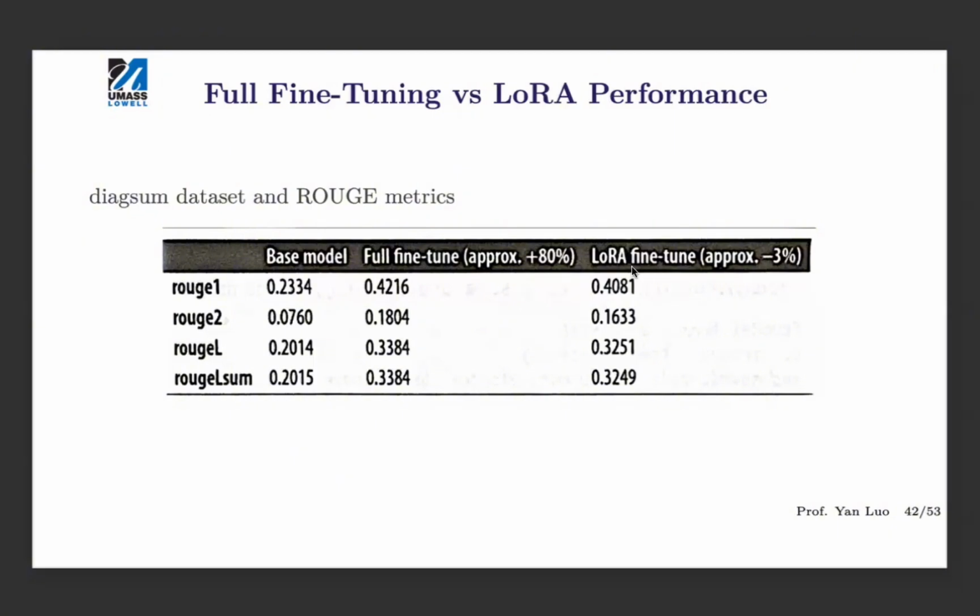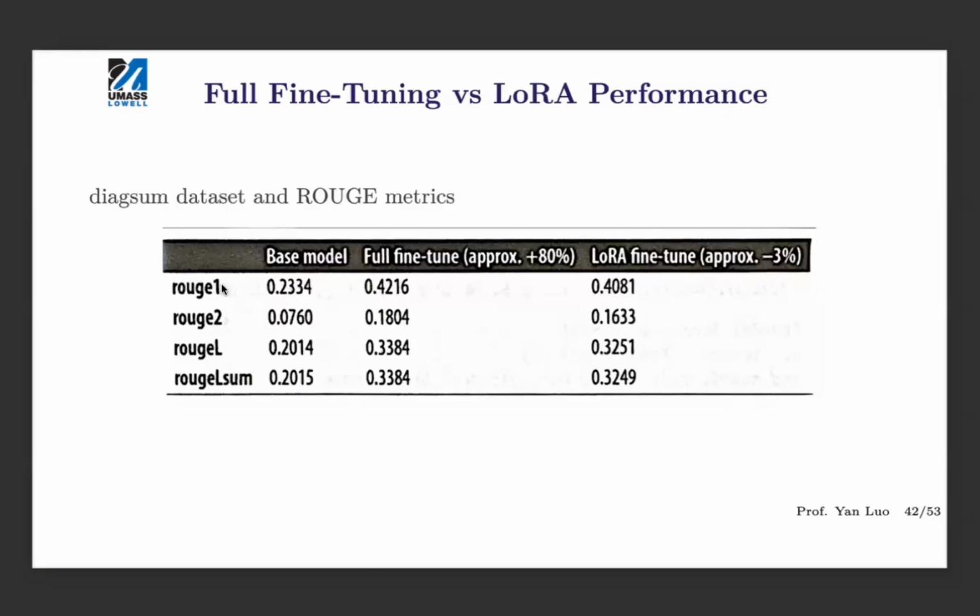And the LoRA fine-tune is compared with the full fine-tune. So we can see that for ROUGE-1, there's an increase of the ROUGE-1 score from 0.23 to 0.42.